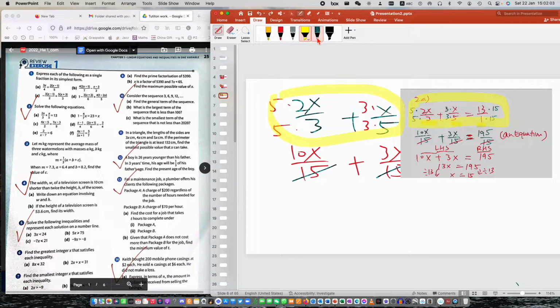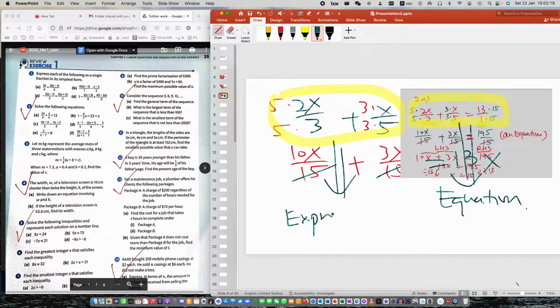Okay. So when you have an equal sign, this is called an equation. You have no equal sign here, right? So what is this called? Do you know? It's called an expression. When you have an equation, you can.